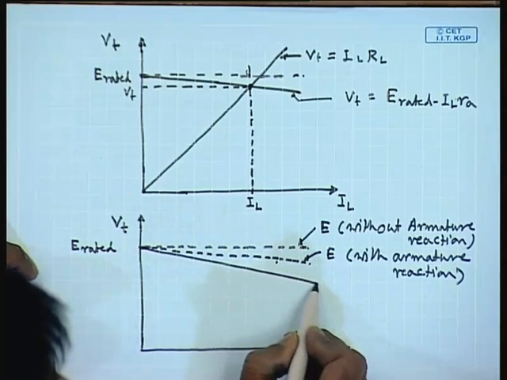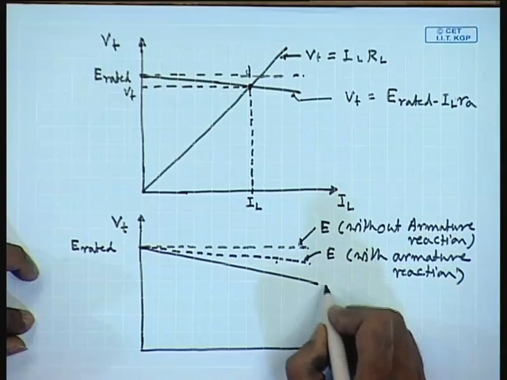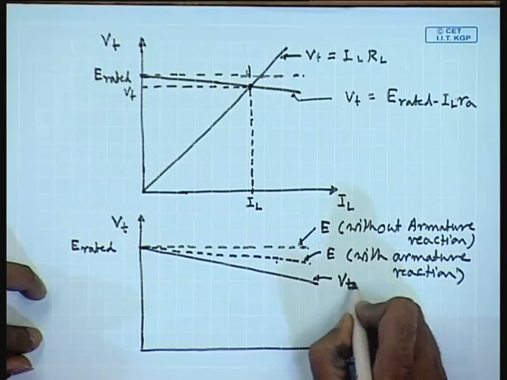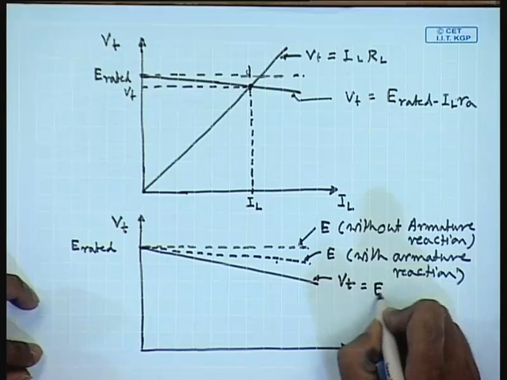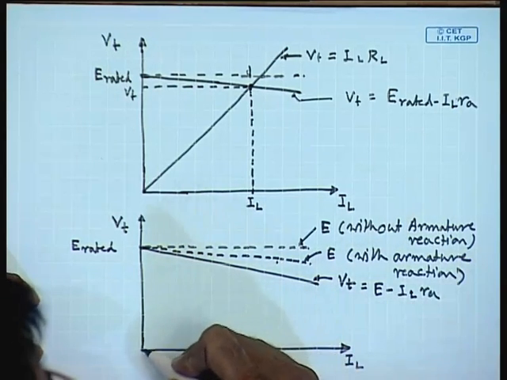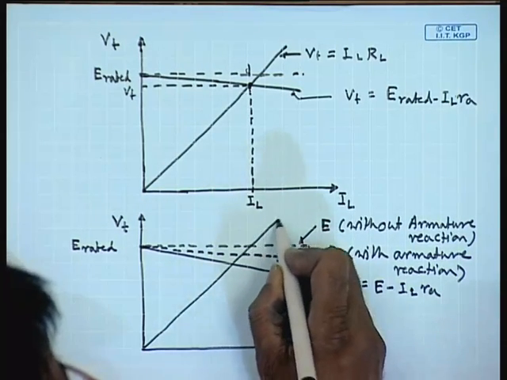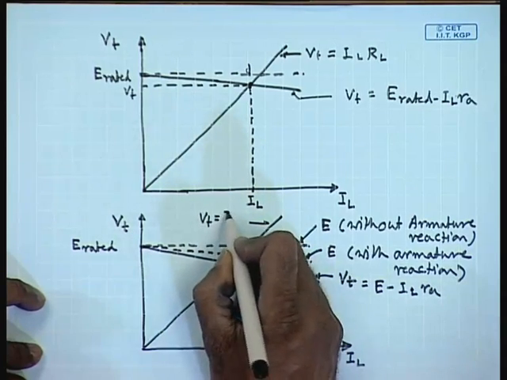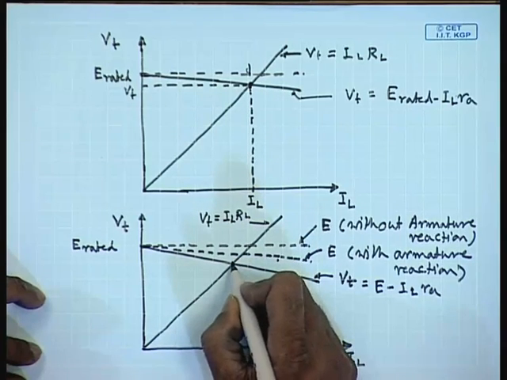Therefore, this is V t equal to E minus I L R A, and this is the load line V t equal to I L R L. The intersection point is here.